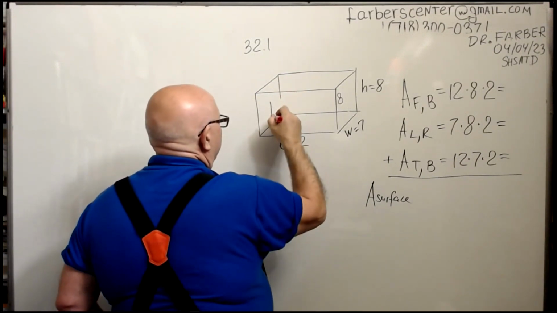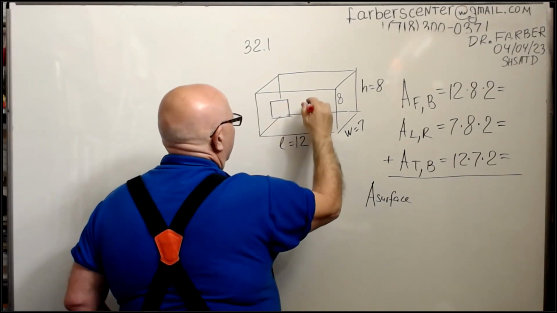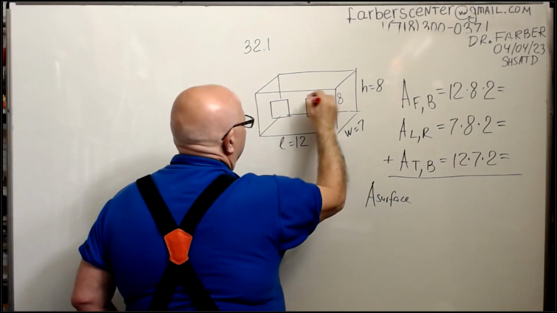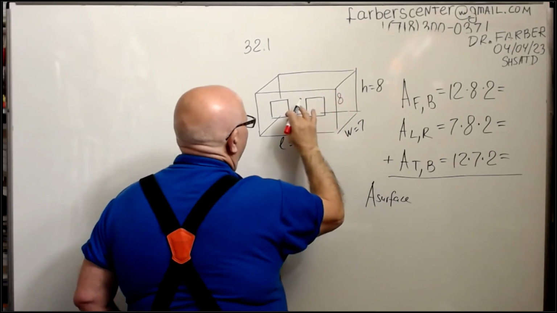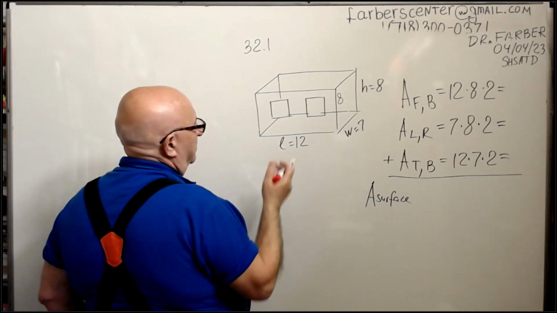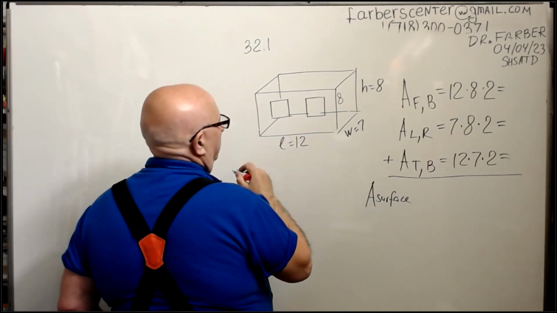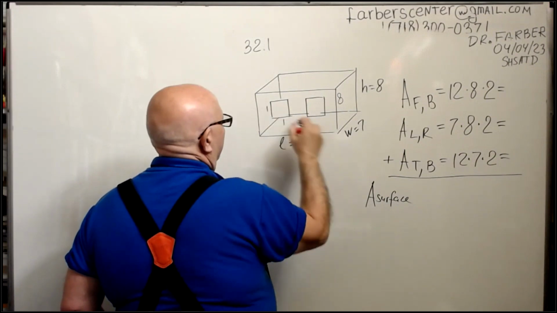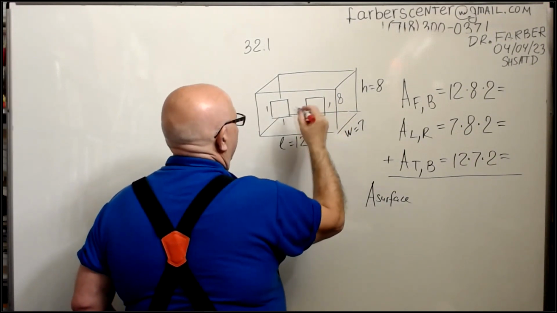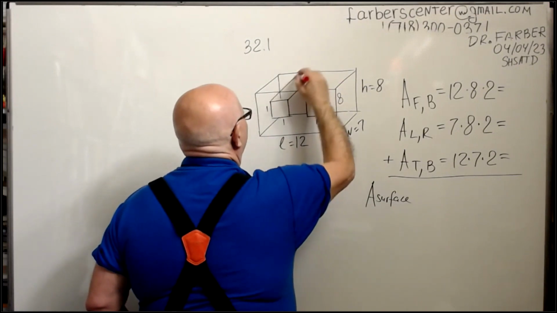They make holes here. For instance, 2 holes. And in these holes, they specify, let's say, 1 by 1, these 2 holes. But this is not just a hole here, they go through the entire prism.